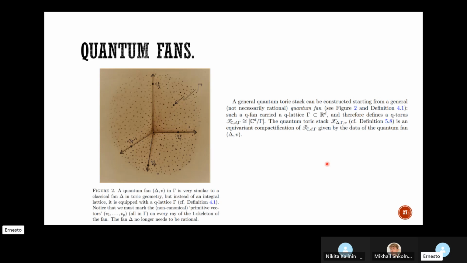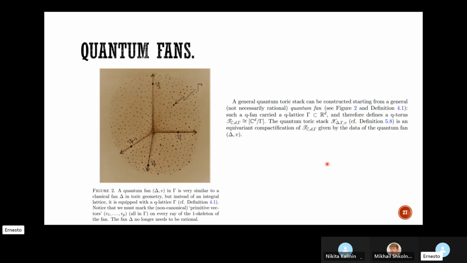Such a quantum fan lives in a quantum lattice, you know. Now there is this image of H, that is gamma, inside of RD, typically dense inside of RD. And then there is this quantum torus, ZD mod gamma, and I can promote it to a calibrated quantum torus, but let's not worry about that for now.